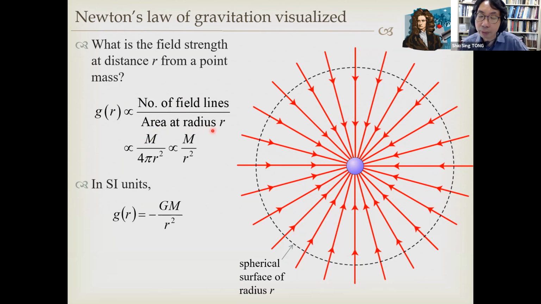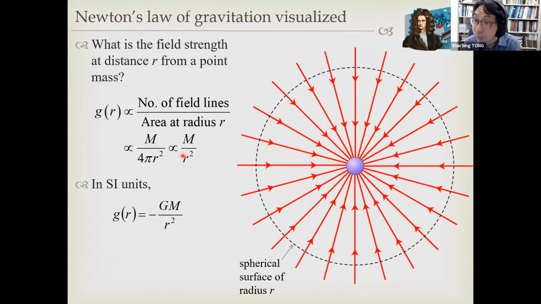The area at the radius r, which is the area of this spherical shell, is 4 pi r squared. That is a standard expression for the area of a sphere, right? So you see immediately the field strength is proportional to m over r squared. The r squared comes out naturally if you regard the field strength as the field line density.